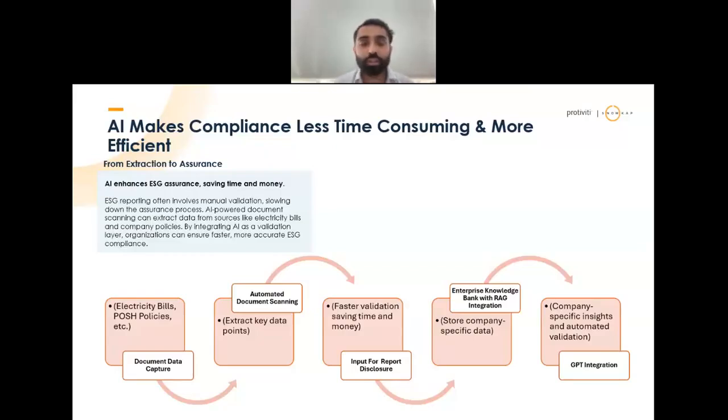Now they want to collect grid data. Collecting grid data from hundreds of locations manually would take an enormous amount of time. So this is where we're using AI to extract that information, attribute it to the right locations, and compute scope 2 emissions at scale in a fraction of the time it would normally take.